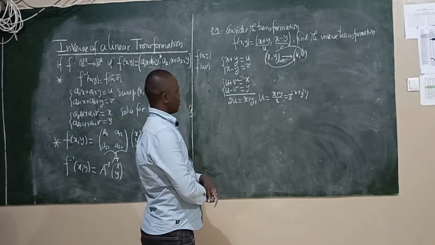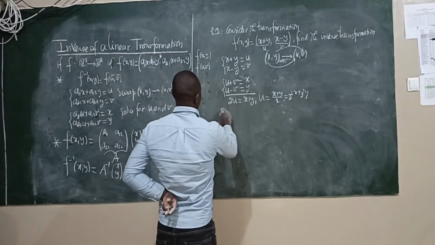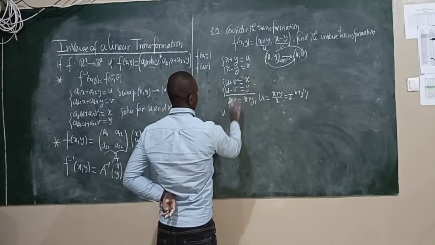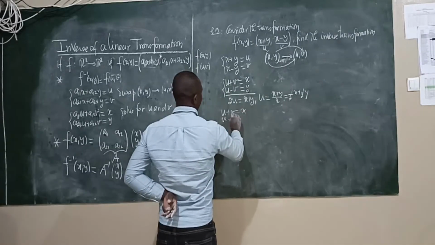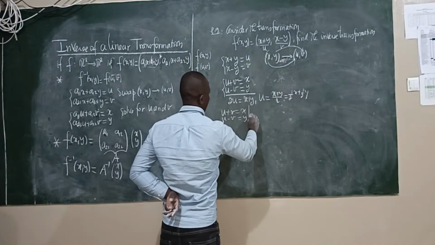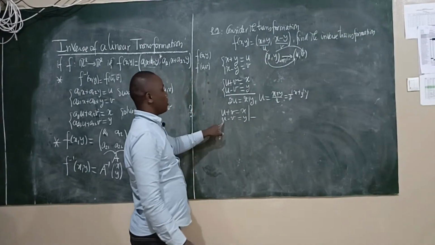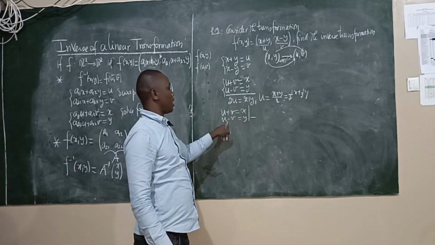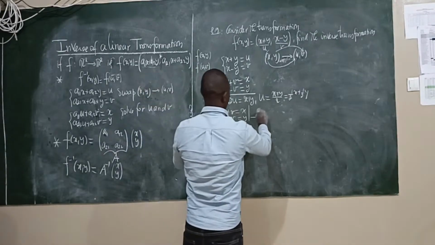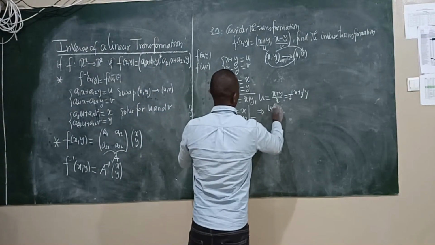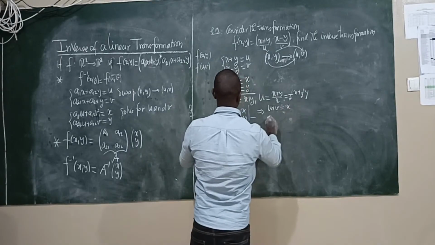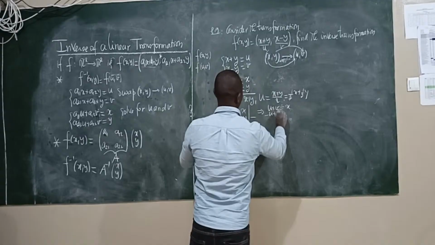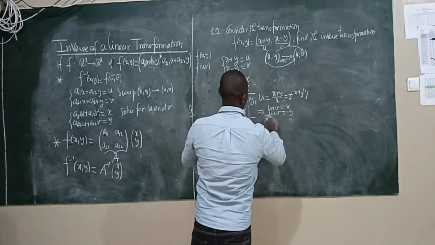To find the v, let me copy this. u plus v, which is x, u minus v, which is y. Let me eliminate u by multiplying the second equation by minus. This is going to be u plus v, which is x, minus u minus v, which is minus y.